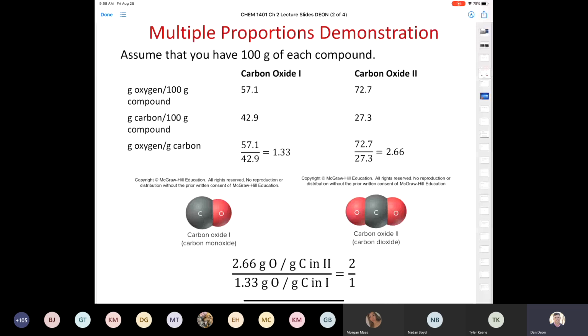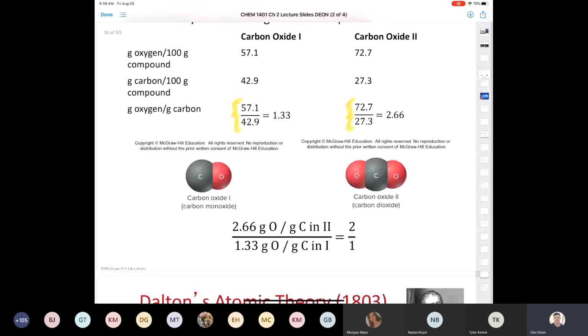You can do the same thing with carbon oxide 2, and you get a ratio of 2.66. Well, can we express those as a ratio? And the answer is yes. If we divide those two, we see that we have a ratio of 2 to 1. And so we're able to do that. We obtain a ratio of small whole numbers.